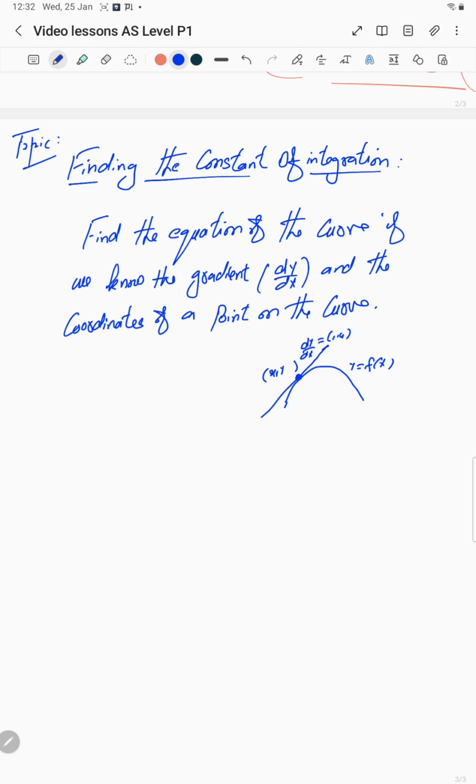Now, to solve a few examples to help find the constant of integration, let's see a question.